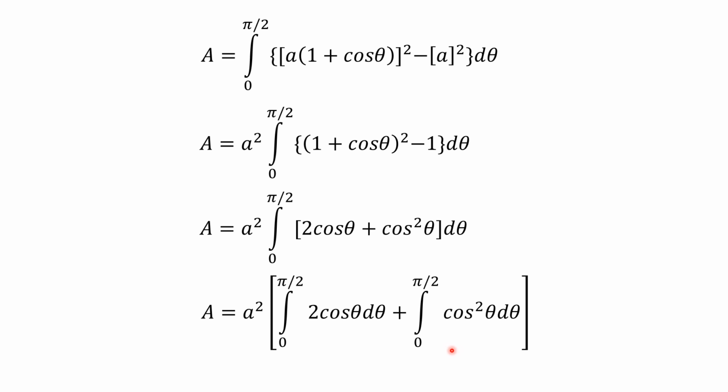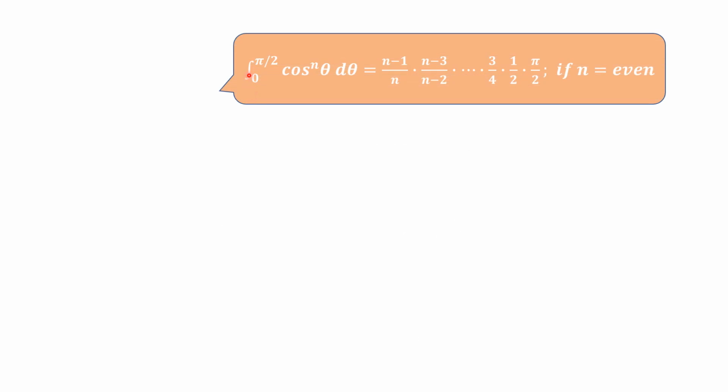In this example, we are going to make use of the reduction formula. So let us see the reduction formula. Integration from 0 to pi by 2 of cos raised to n theta d theta is equal to n minus 1 upon n into n minus 3 upon n minus 2 into and so on, into 3 upon 4 into 1 upon 2 into pi by 2 if n is an even integer.